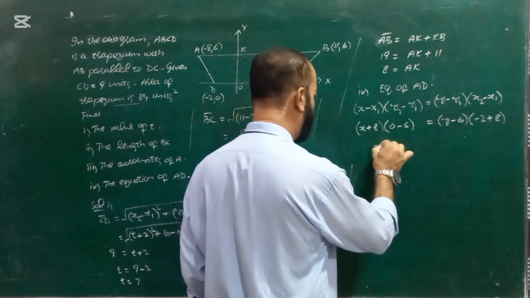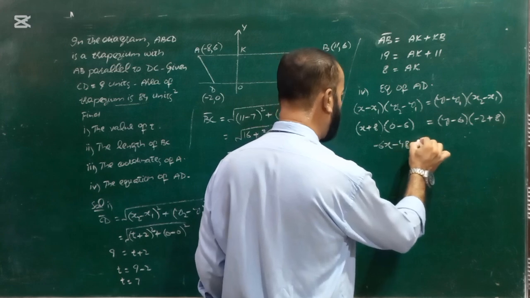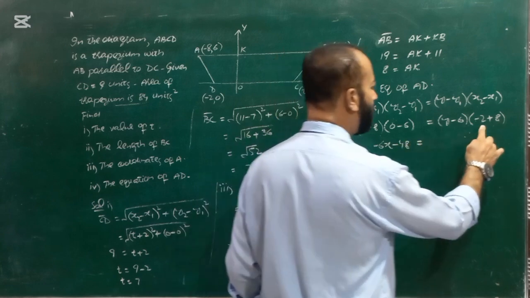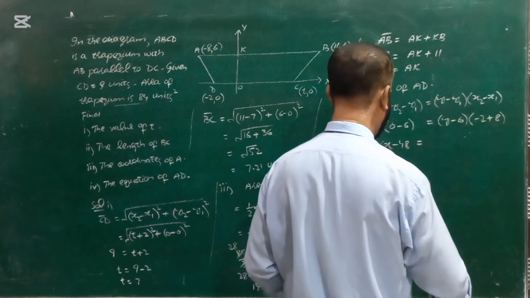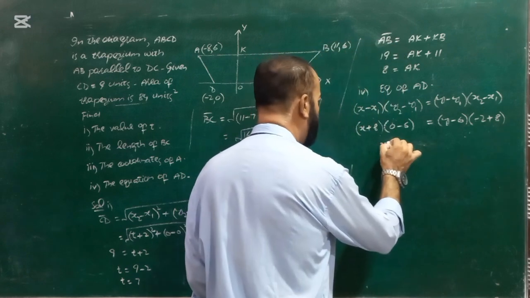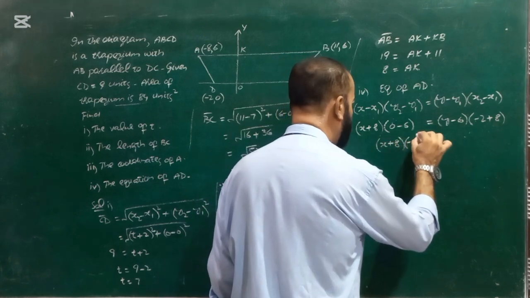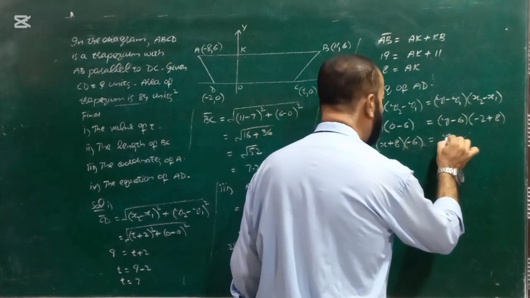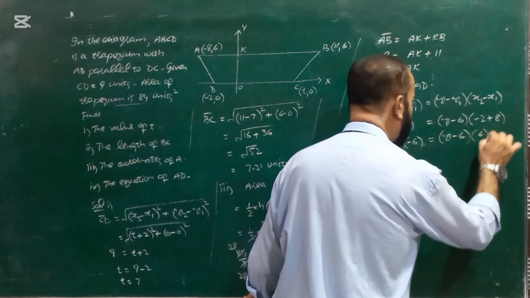So it will become minus 6x minus 48 equal to, this will make plus 6. Okay, things can be more simple now. So x plus 8 into minus 6 is equal to y minus 6 into plus 6.